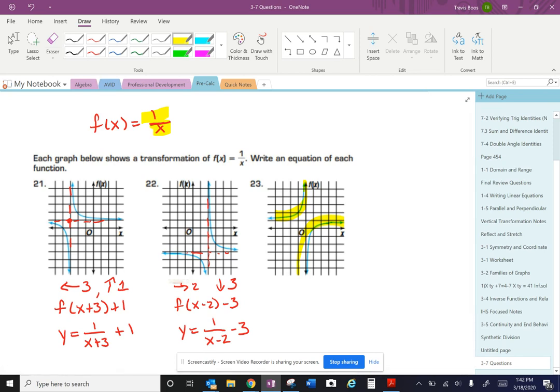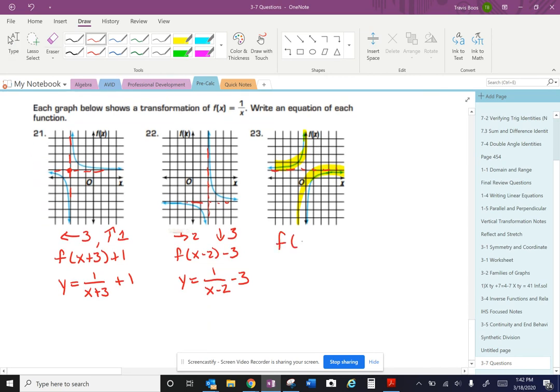But not only is it a reflection, it's also been shifted up 1 unit because it has a horizontal asymptote of 1. So this is like f of negative x plus 1, which gives us the function y equals 1 over negative x plus 1, which is just the same as y equals negative 1 over x plus 1.